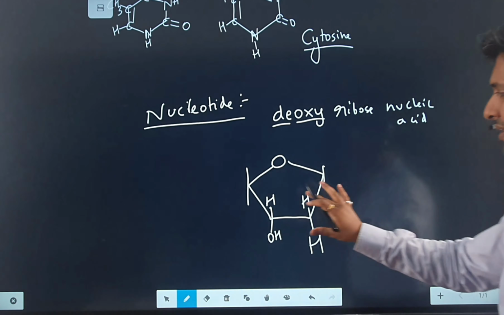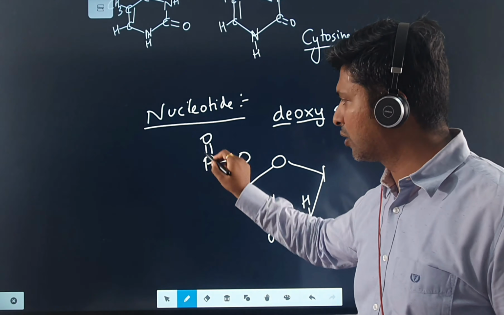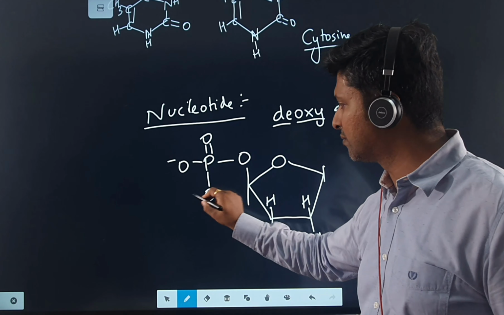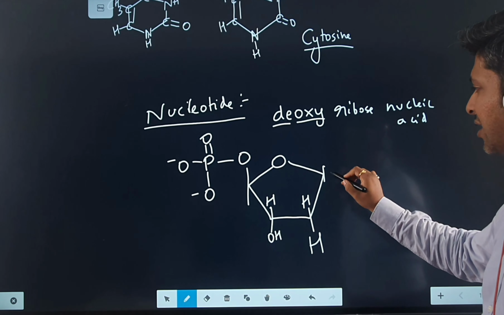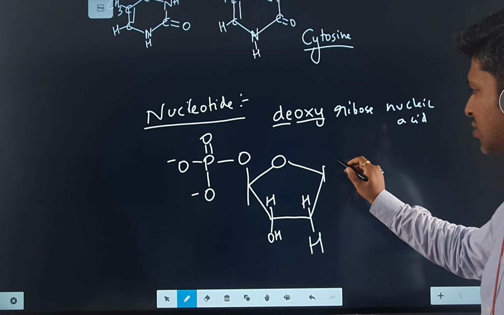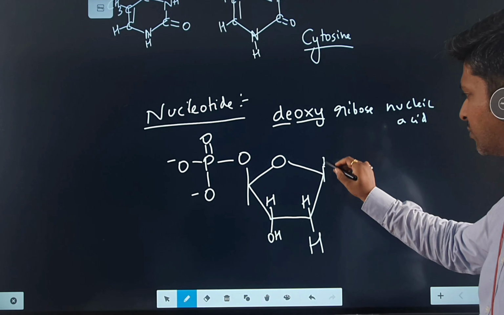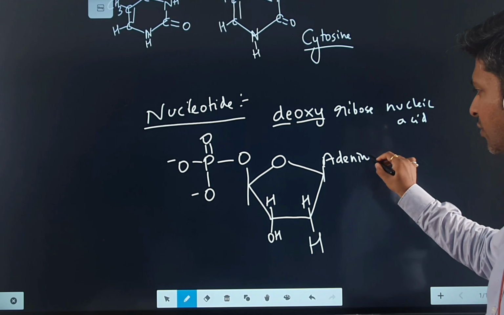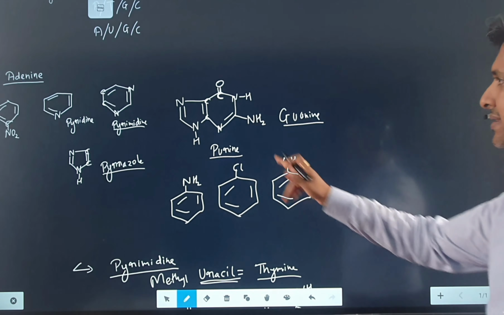Then this is the ribose. We are going to connect a phosphate group over here. So the phosphate group is connected over here, this is the ribose sugar, and then you can attach any nitrogenous base over here. For example, the adenine group. This is your guanine.